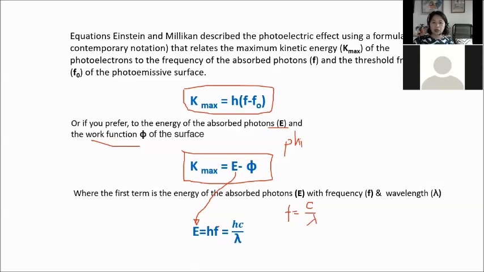So pwede natin i-substitute dito yung C over lambda, where C is speed of light and lambda is wavelength. Then this also gives us the energy of the absorbed photons. So energy is equal to H F, which is equal to H C over lambda.